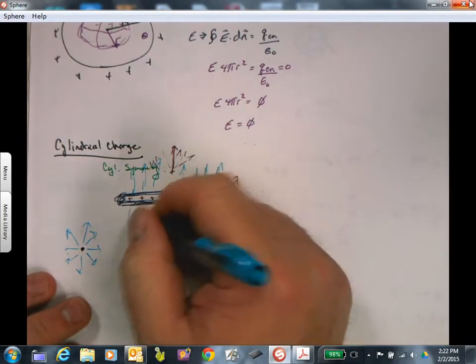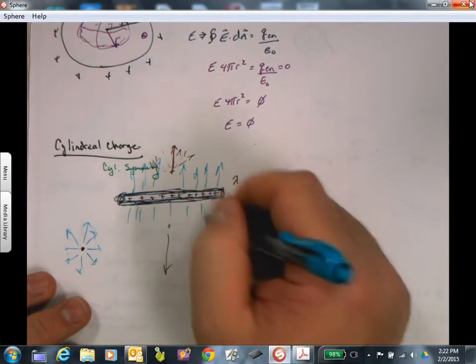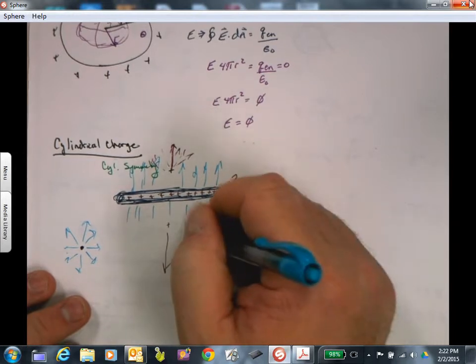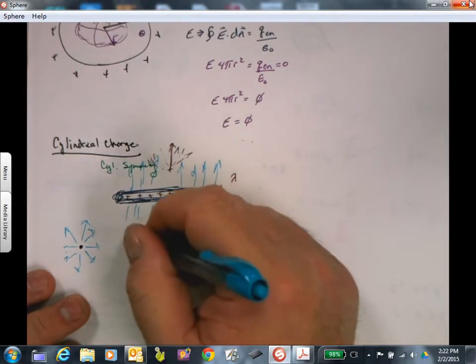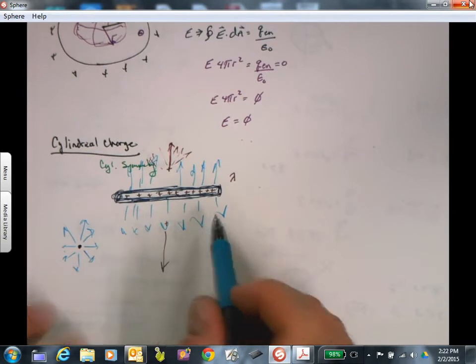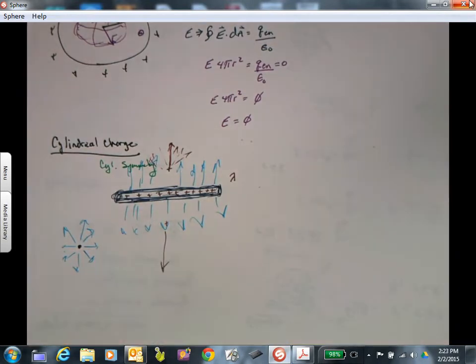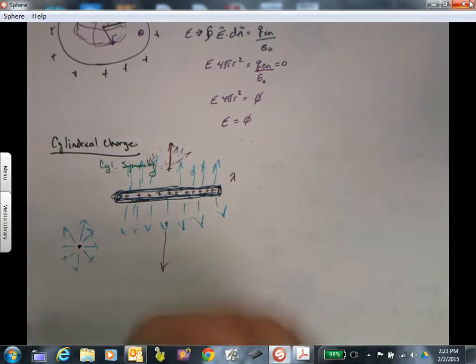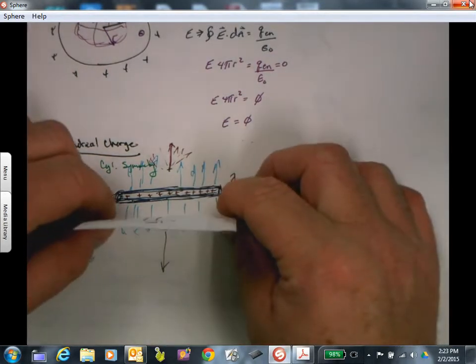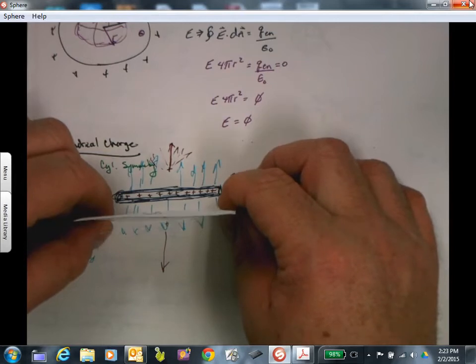If we're looking sideways from our line, our field lines are radial, but if we take a sheet of paper like this, it would be perpendicular to our sheet of paper, right?